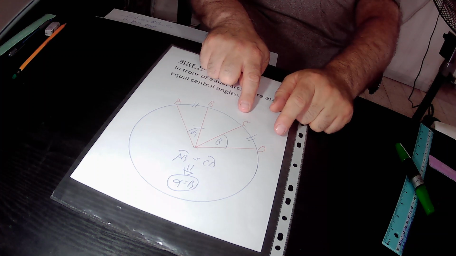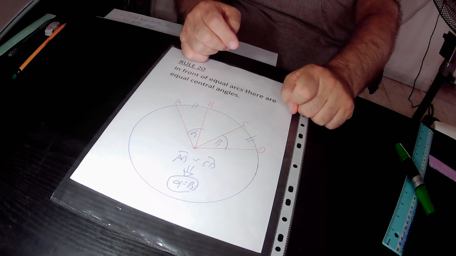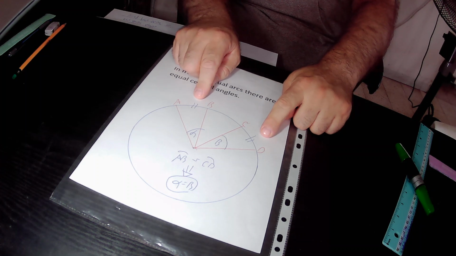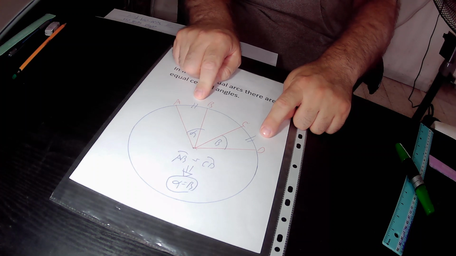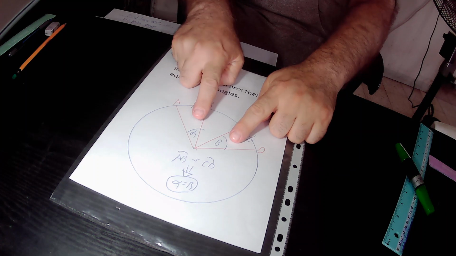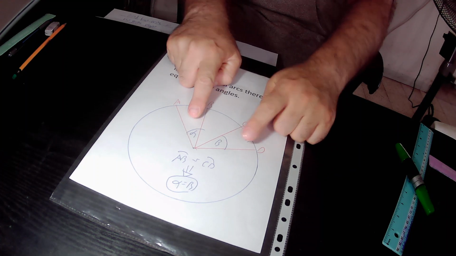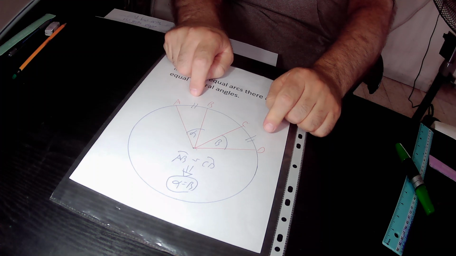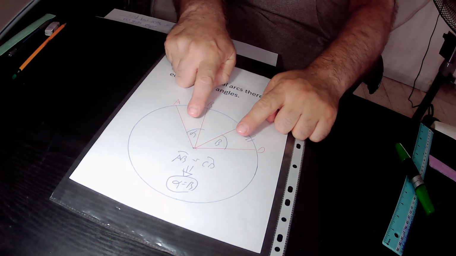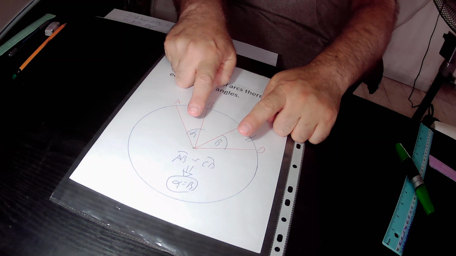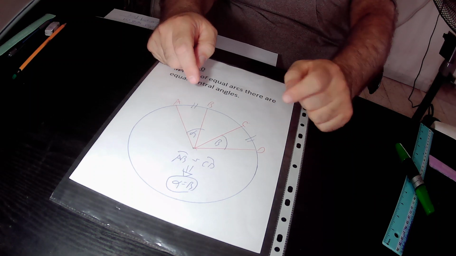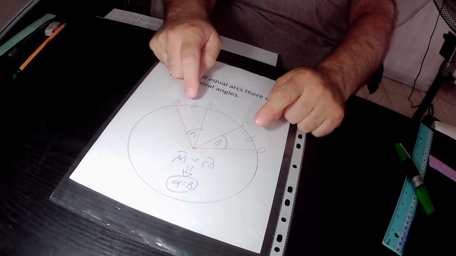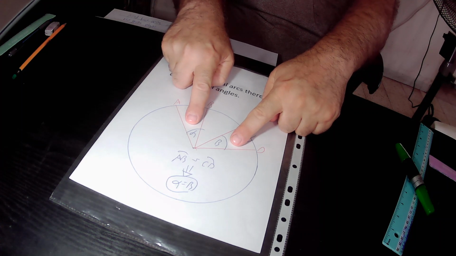Therefore, according to rule 20, in front of those two equal arcs, we have equal center angles. So those two center angles must be equal to each other. That is to say, center angle alpha equals center angle beta. So in front of equal arcs, we have equal center angles.